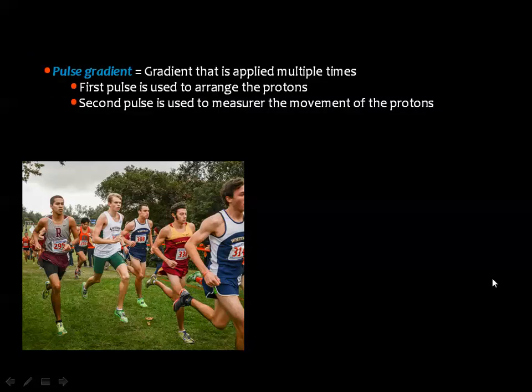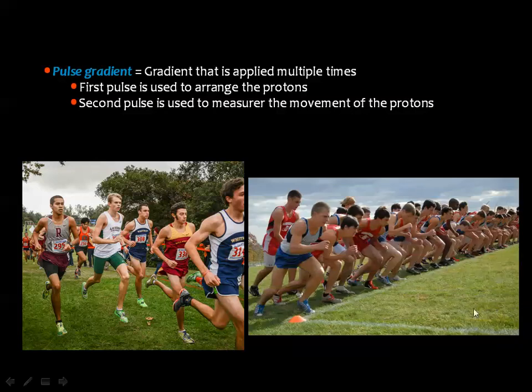Let us try to calculate the speed of these runners. In order to know who is faster, you have to arrange the runners along a line of the start. Then you give the signal to move.